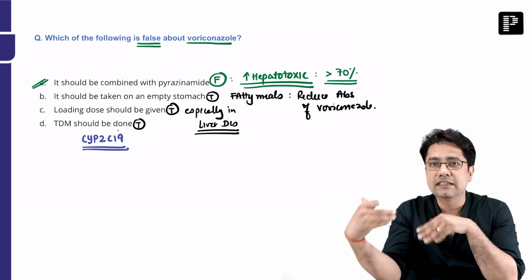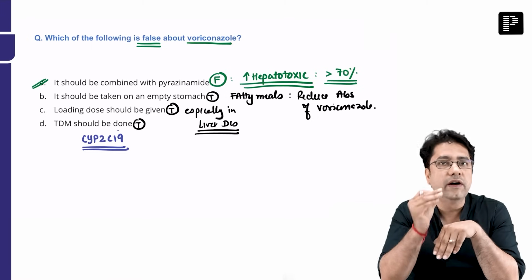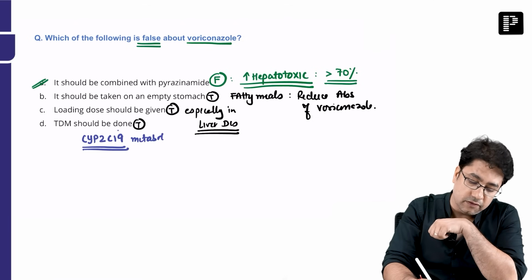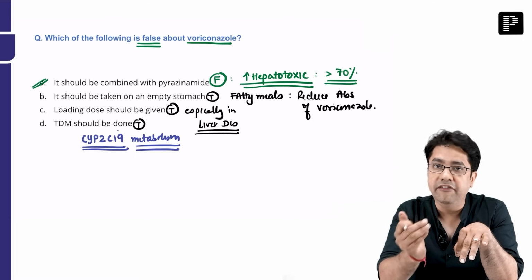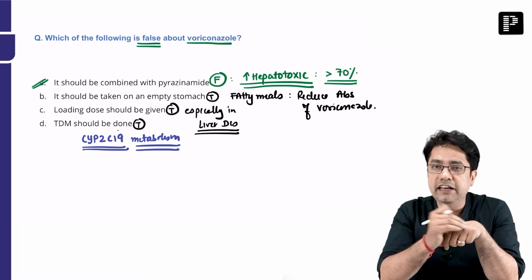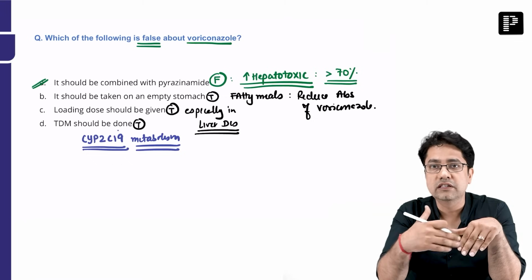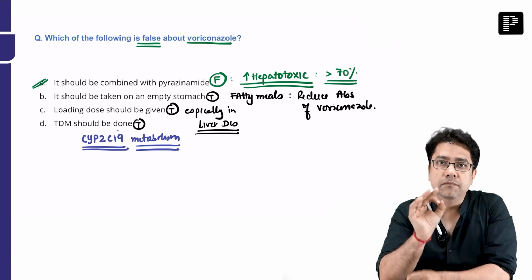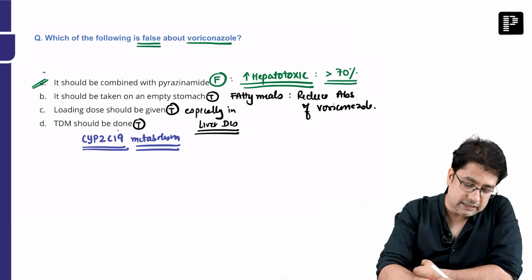Polymorphism means some people have a higher amount of this enzyme, some people have a lower amount, so in patients with varying amounts of this enzyme, voriconazole will be degraded at a different rate. So if it is degraded at a different rate, the blood level among individuals can vary. That is why in each individual, we should monitor the levels of voriconazole. So the answer is A.